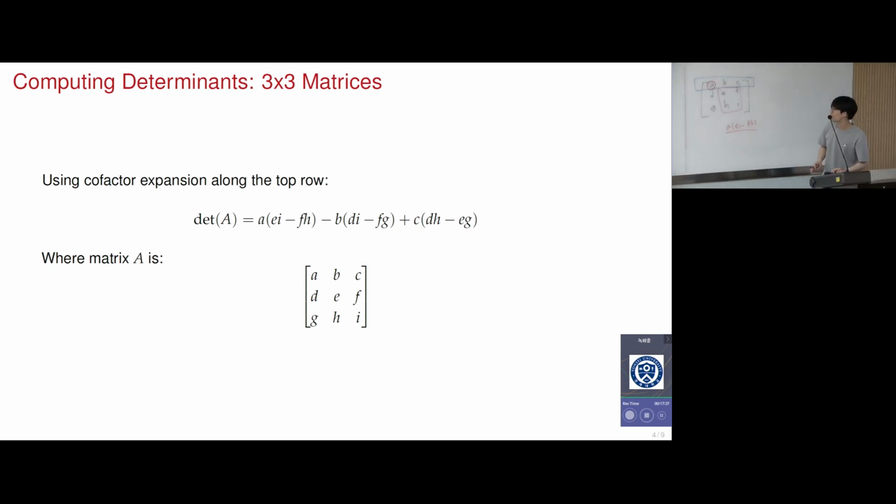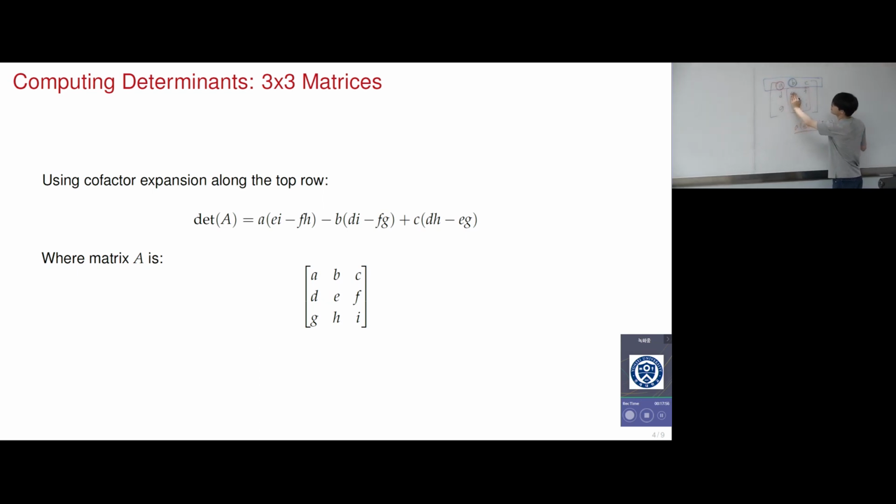And for the second term, now you focus on the second entry, which is B, right? So B is here, and now you take out the second column.